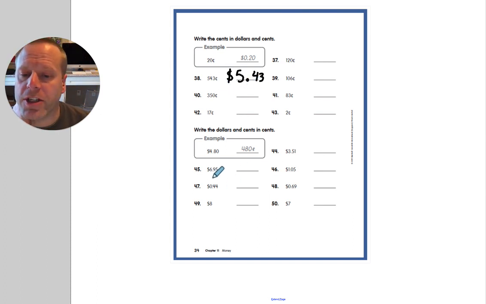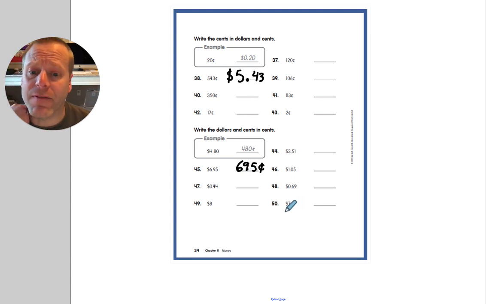Down here, I just have to take the decimal point out. These are much easier. $6.95 turns into 695 cents. Why anyone would want 695 cents, I have no idea, but they want you to be able to write them both ways and flip between them.